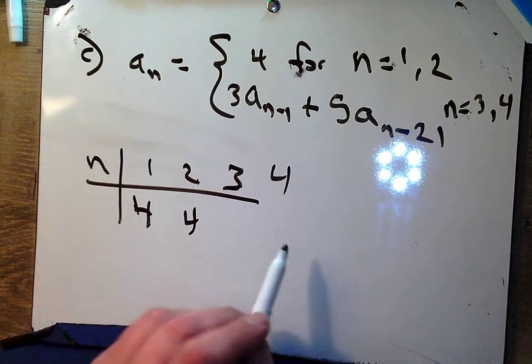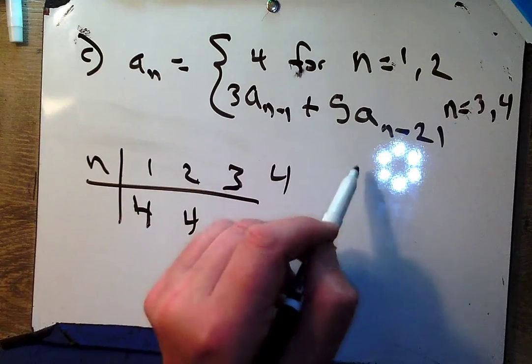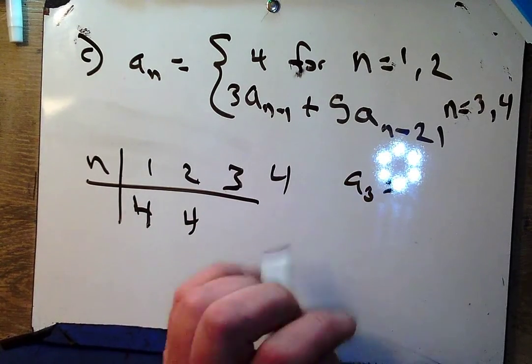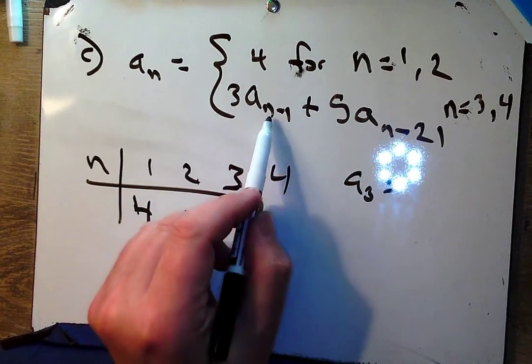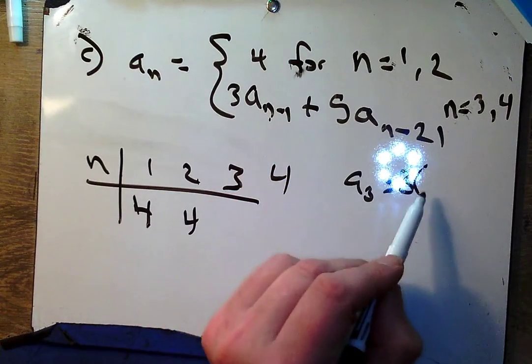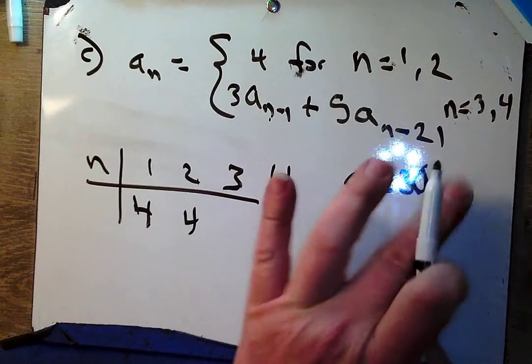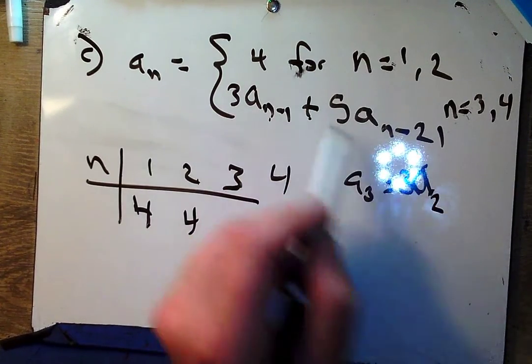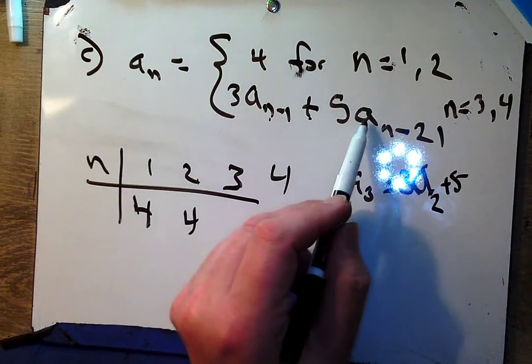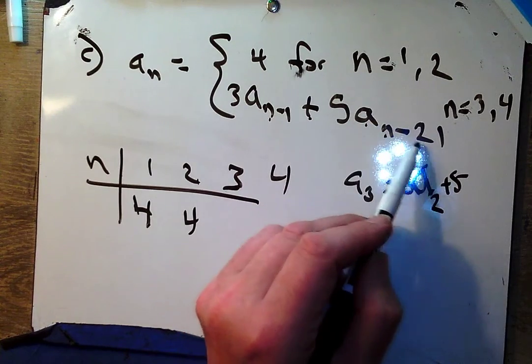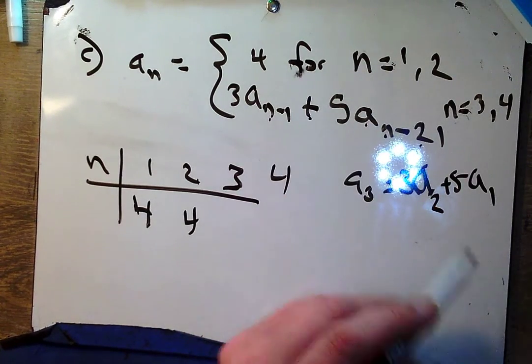Now, when I get to n equals 3, I'm looking for a sub 3. Well, using this notation, if I plug a 3 in here, a sub 3 minus 1 is a sub 2, plus 5 times a sub 3 minus 2, which is a sub 1.